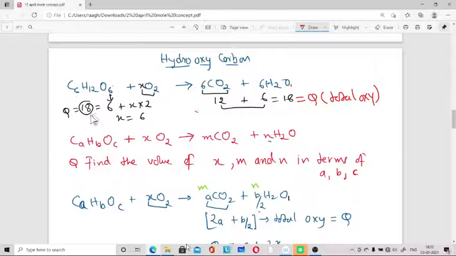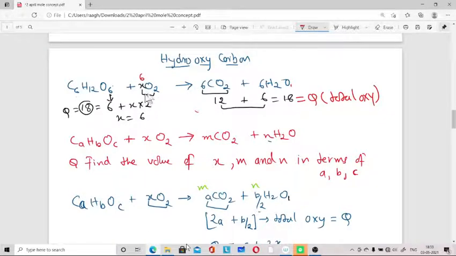So 18 should be equal to the 6 oxygen already present in the glucose, plus 2x moles of oxygen in the oxygen molecule. So 6 plus 2x should be equal to 18. When you calculate, x comes out as 6.